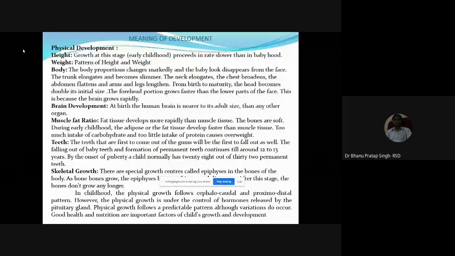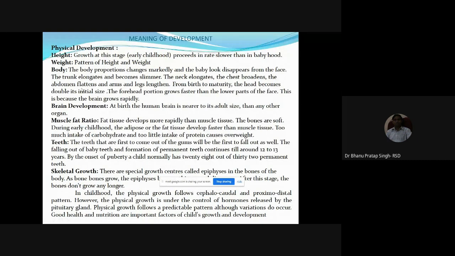The growth of height at every stage is not similar, but one thing is important: growth proceeds at a slower rate in babyhood. In early childhood, the rate of increase in height is slower in babyhood, because babyhood is the period of 2 years in which height increases at a very small rate.